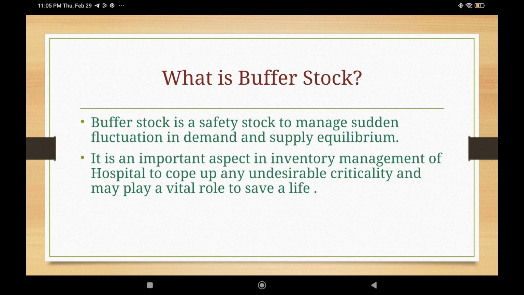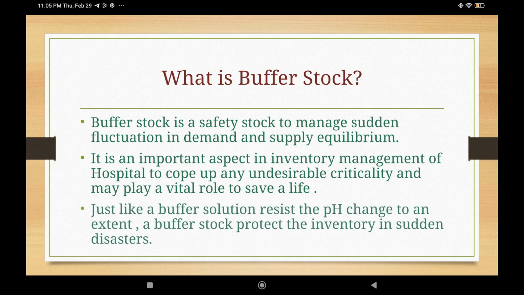Moreover, the drug is a Schedule X drug, so it is hard to obtain all of a sudden, so we have to keep a buffer stock of the same, and due to that it may also save the life of the person. Due to this reason, we have to keep buffer stock of essential drugs in such a manner that it can save the lives of people.